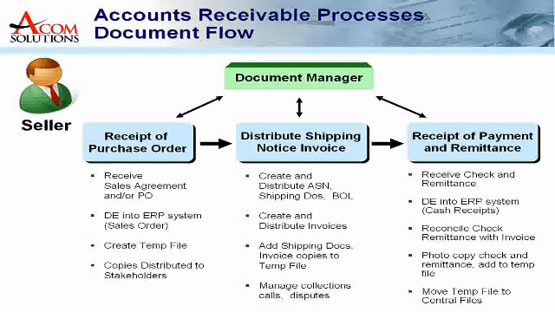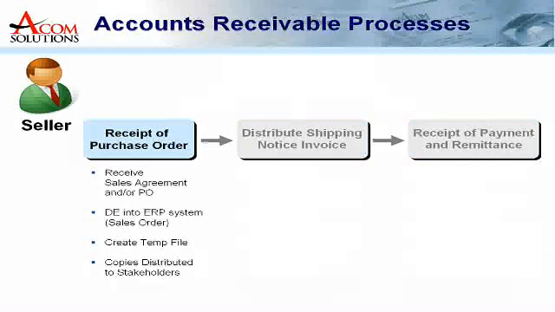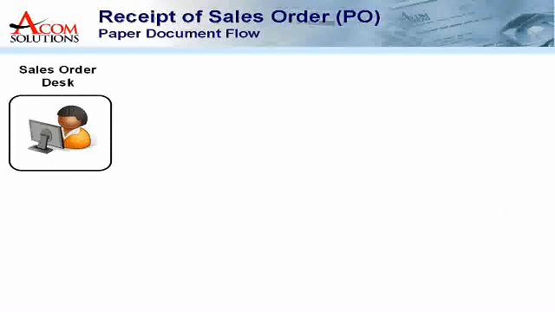So let's talk about how to apply document management technology to the AR process and how it can eliminate steps and improve productivity. We talk about the receipt of the purchase order and how there are some manual steps and paper trails associated with this process. Here you can see that a sales order desk receives the purchase order, and then they've got to manually enter this into the ERP application.